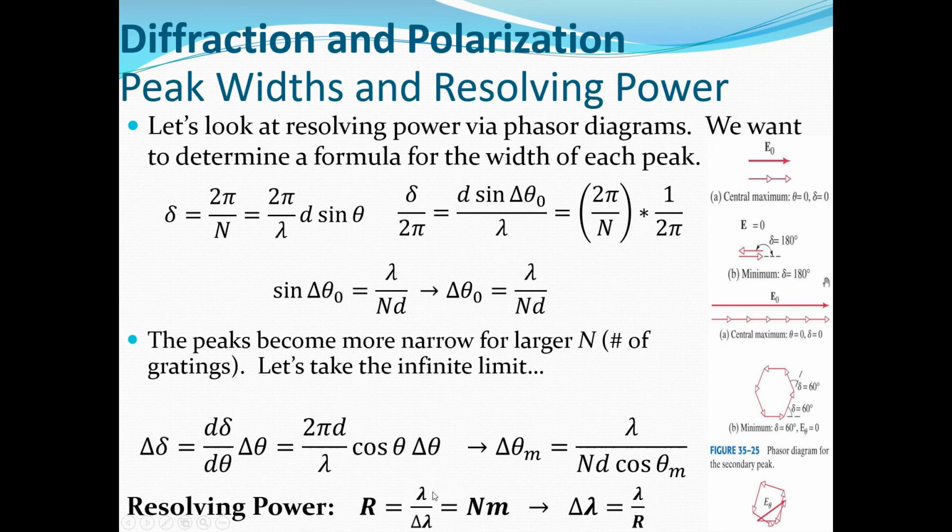What you would do is take the lowest wavelength and divide it by the difference between the wavelengths, and that would get you your resolving power. Now, resolving power would also be equal to n times m, where n is the number of lines we have and m is the order that we're resolving.